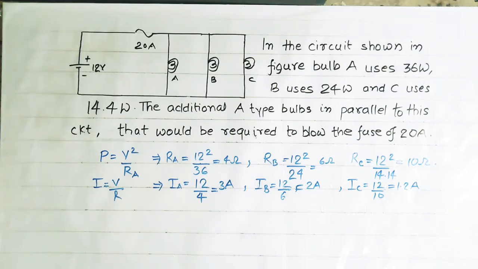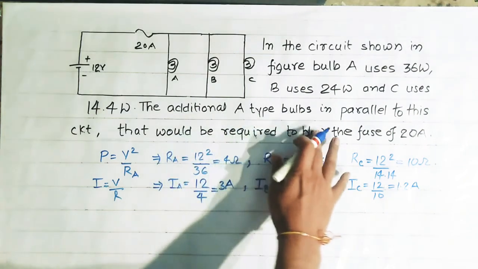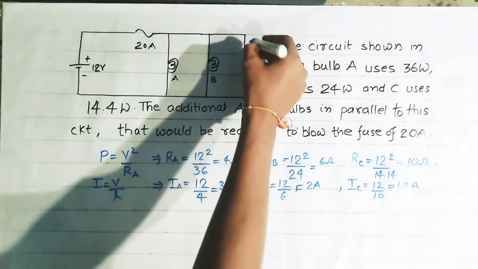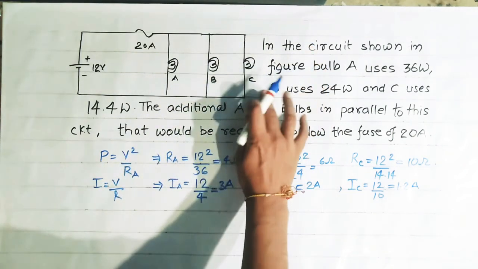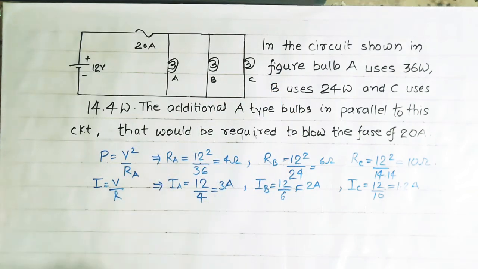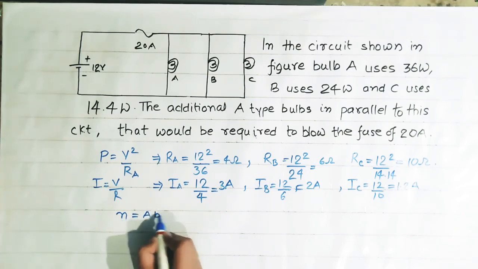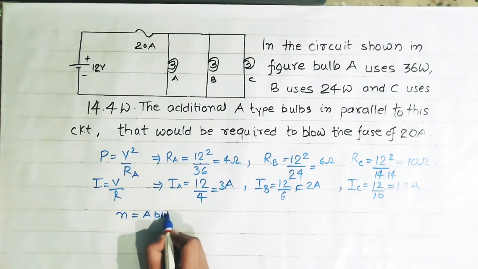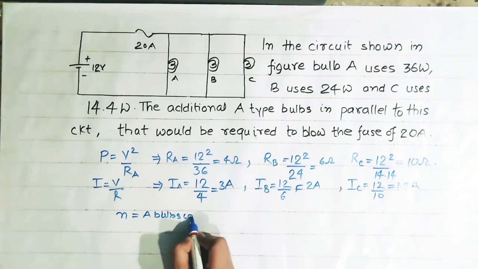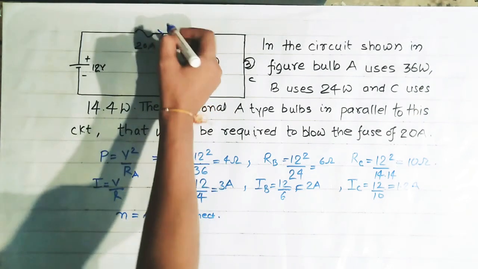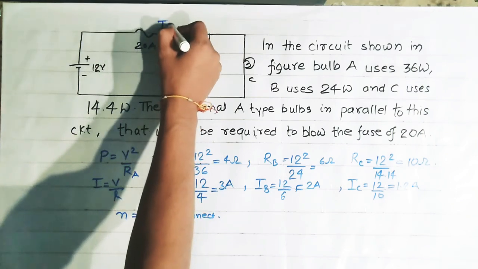Now we have to find the number of additional A type bulbs connected in parallel. Okay, so when we connect a single A type bulb parallel to it, then it will take additional 3 ampere current. So suppose n number of A bulbs are connected. Then suppose total current is IT.